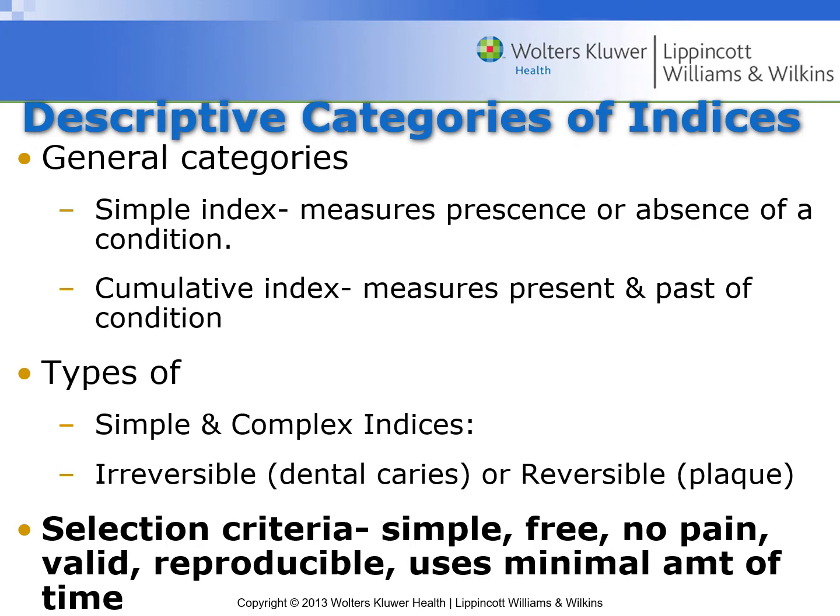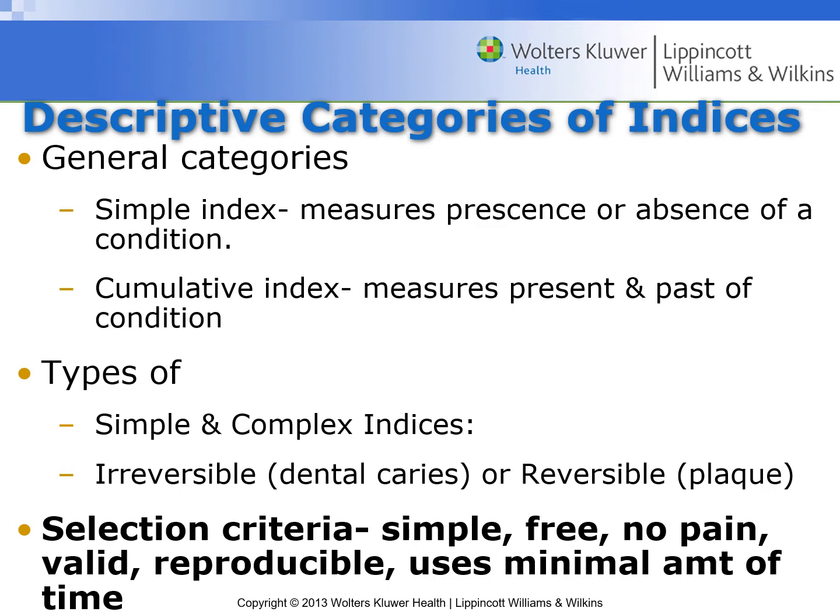Description categories of indices. You have general categories. You have a simple index, which measures the presence or absence of a condition. You have a cumulative index, which measures present and past of the condition. And so you have a simple and a complex indices.